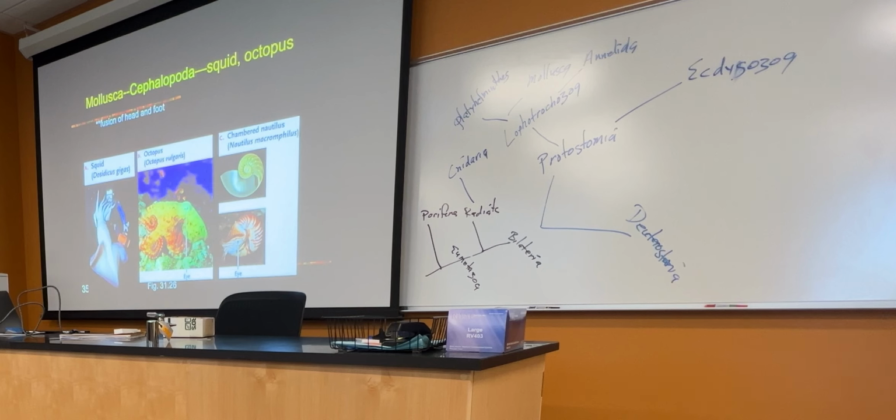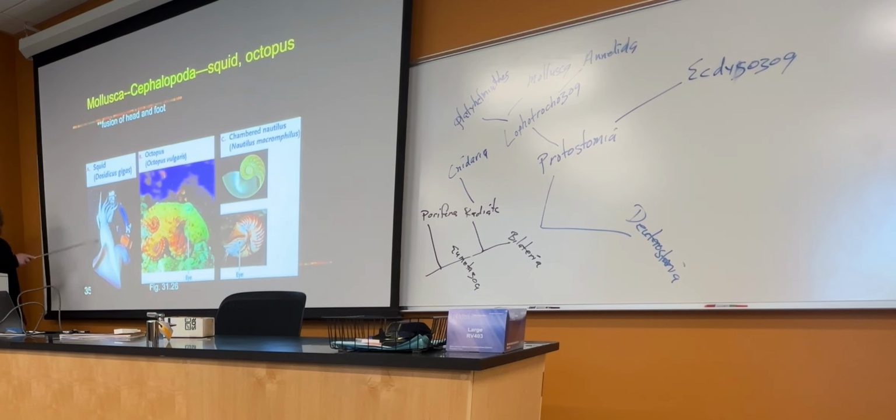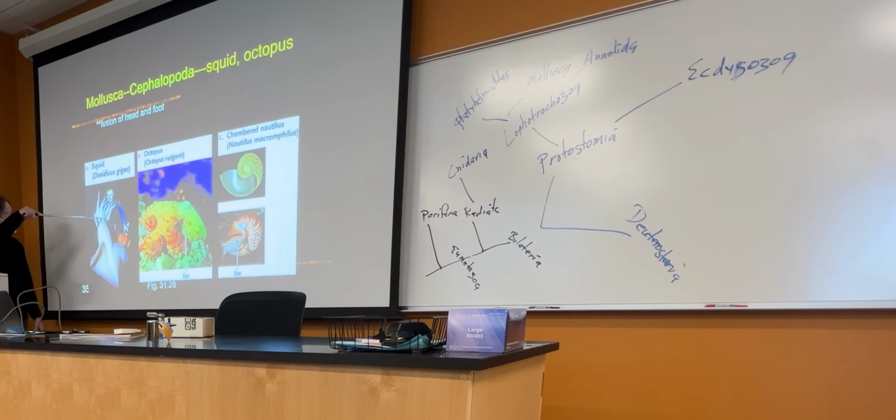Many of them have lost the mantle shell. So what constitutes the muscular foot? These tentacles. They're around the mouth. The mouth is right between those tentacles, so the mouth is on the head, and the tentacles are derived from the muscular foot.